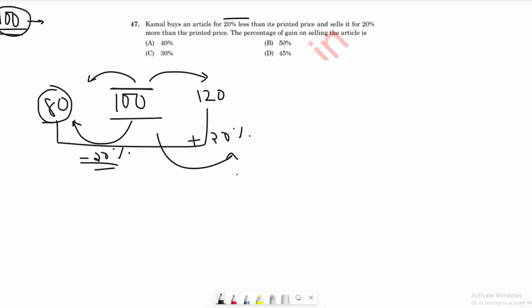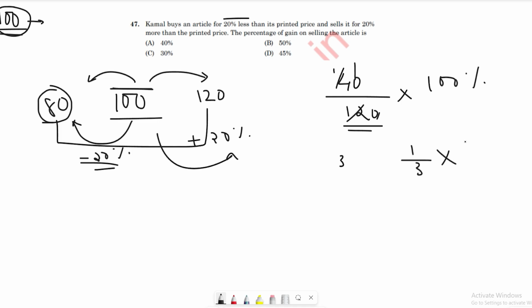Let's do it in a very normal fashion. If we do it in the normal fashion, then it is nothing but the difference, which is 40. 40 divided by 120 into 100. Cancel the zeros, 4 1s are 4, 4 3s are 12, so 1 by 3 into 100, which is 33.33%.